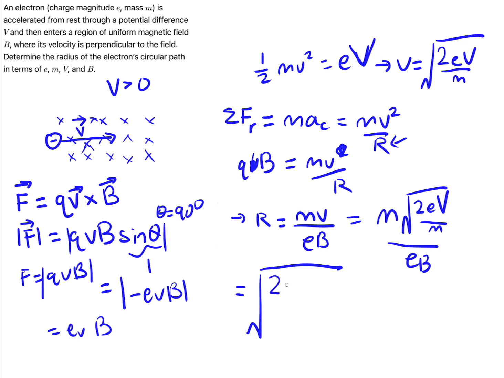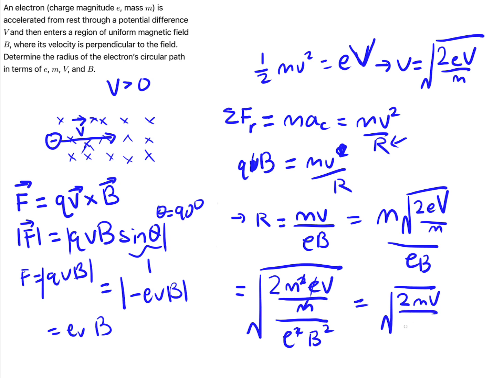So this becomes 2m squared eV over m, over e squared B squared. And this simplifies: this m disappears, and this e disappears. So we have the square root of 2mV over eB squared. And that's our expression for the radius.